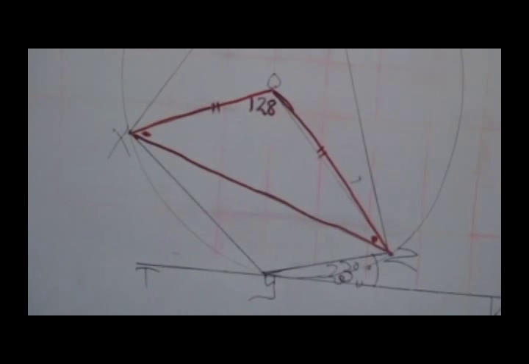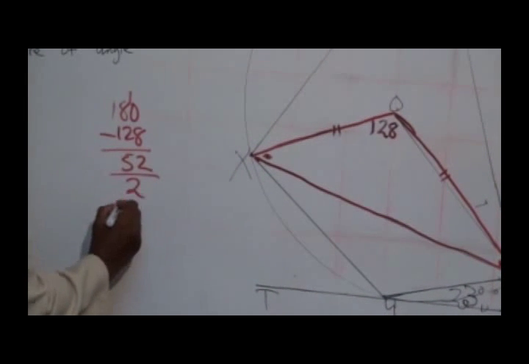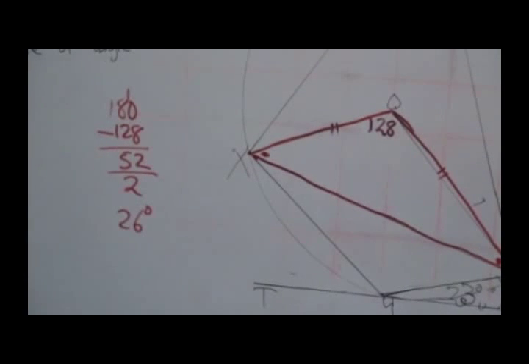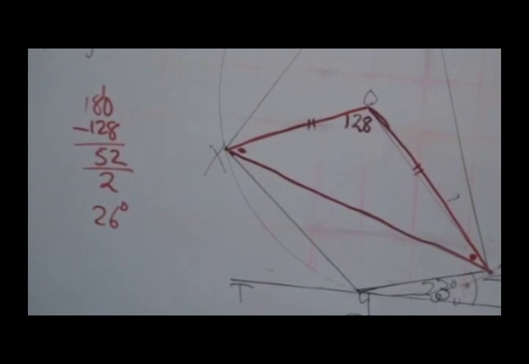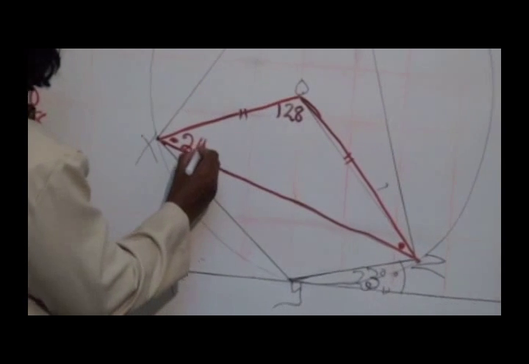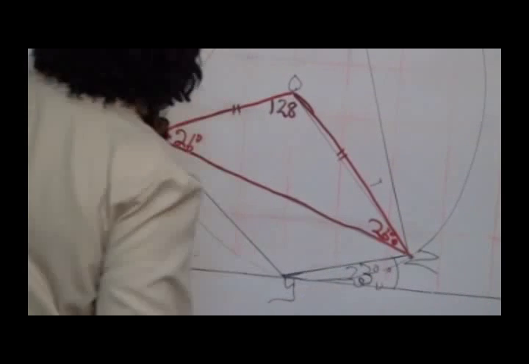Yes. Then I would divide 52 by 2. Why would you divide 52 by 2? Because it's going between 2 angles. Exactly. So these 2 angles now, each would be 26, and that is 26 degrees.